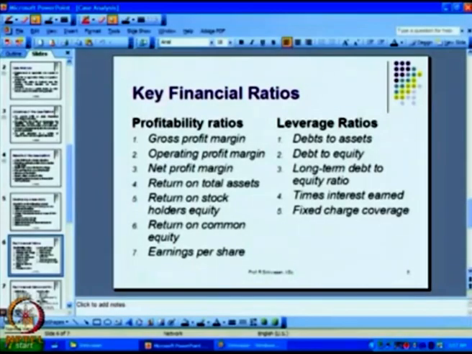We looked at the liquidity ratios, that is the current ratio, the quick ratio, the inventory to working capital. Then we came to the leverage ratios. In the leverage ratios, we looked at debt to assets, debt to equity, long term debt to equity ratio, then the times interest earned, then the fixed charge coverage.